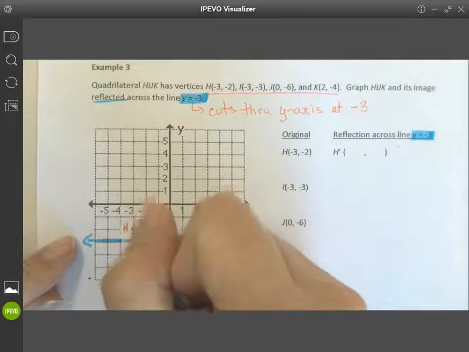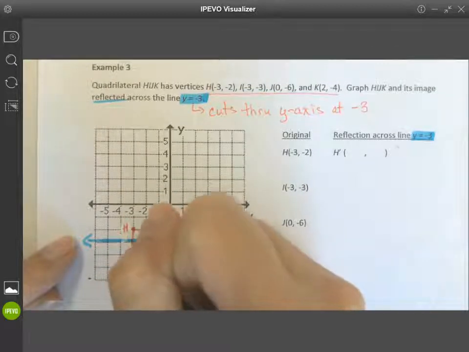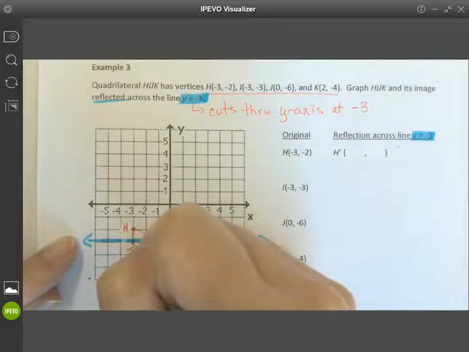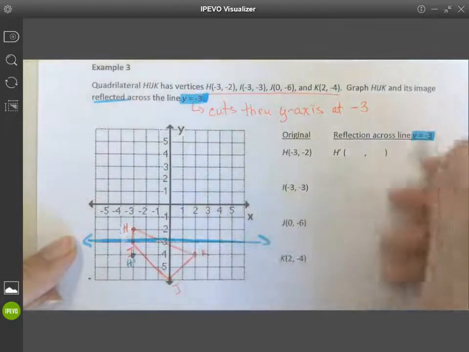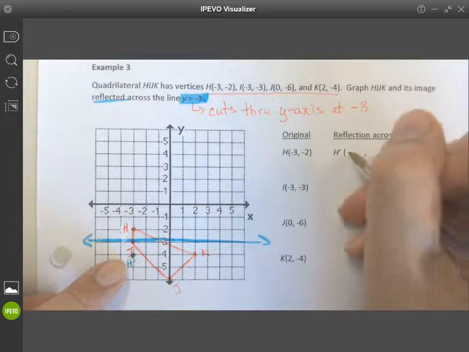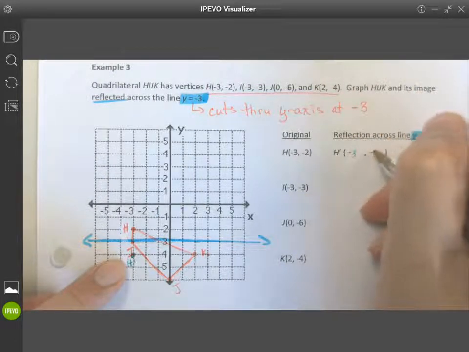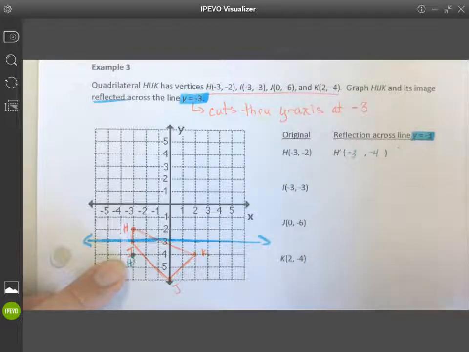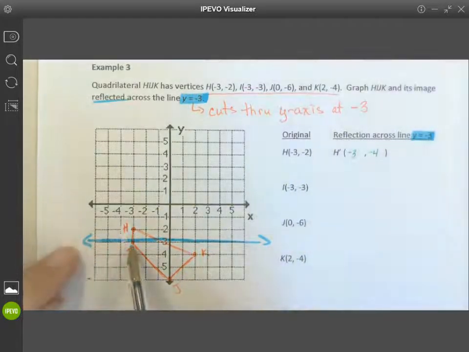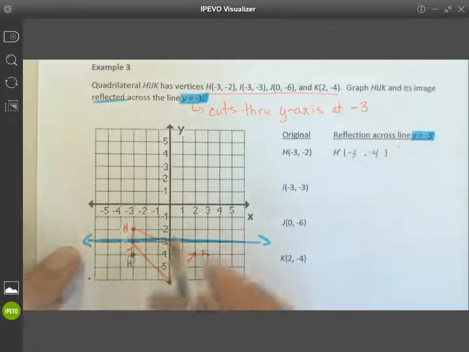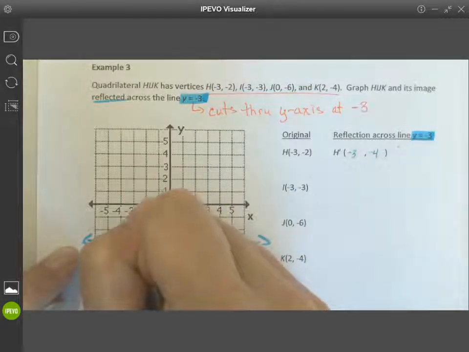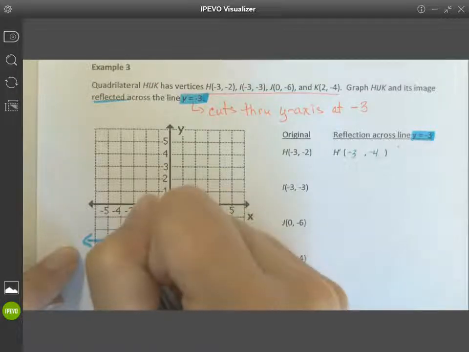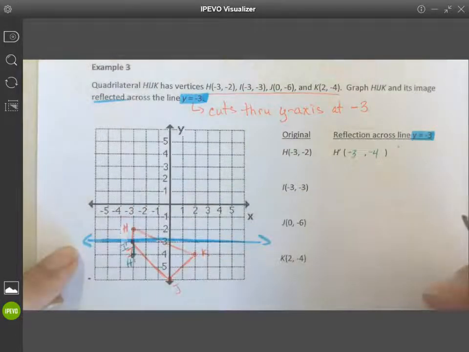So point H is now going to be down here, 1 unit down as H prime. So that's H. It is now -3, -4. Okay, now I is on the line that I'm reflecting. So can I do anything with it? I and I prime happen to be the same thing. It reflects onto itself. So there's my first little piece.